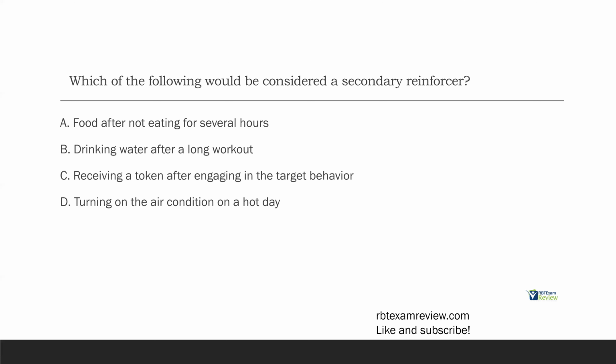Everybody innately seeks these things, right? These are unconditioned. Given long enough, comfort is going to be reinforcing. The only one that is learned and conditioned is going to be this token. Tokens, money, and praise are the three most common types of conditioned or secondary reinforcers.